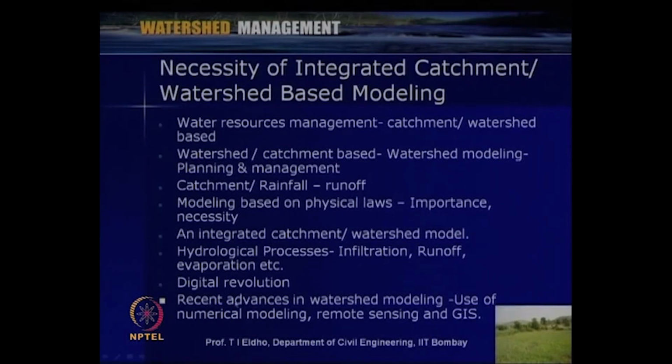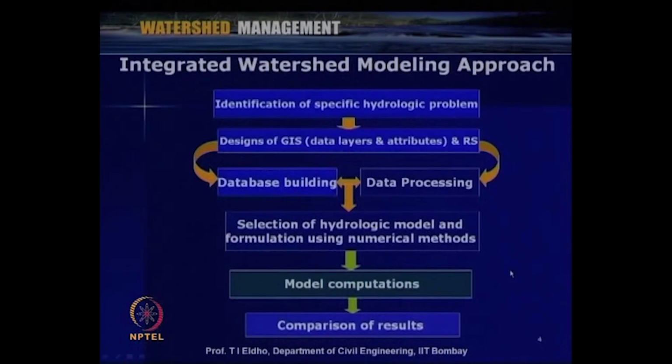So the recent advance in watershed modeling is the use of a combined or integrated approach of numerical modeling, remote sensing and GIS. Large development has already taken place in this area, and now sophisticated models are available for the integrated watershed or integrated water resource management approach.